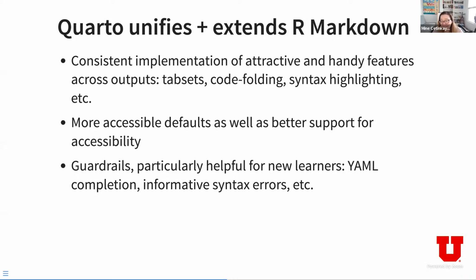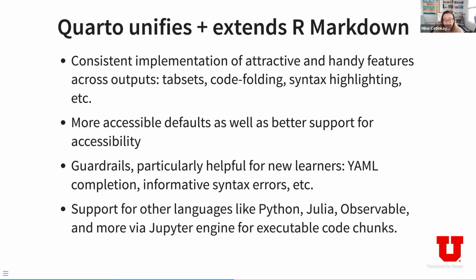It has informative syntax errors that will point you to where the issues might be. And finally, it has support for other languages, as I said, like Python, Observable, and more. And the way that works is that in addition to being able to use the knitr engine for executable code chunks, you can also use the Jupyter engine in a Quarto document as well.